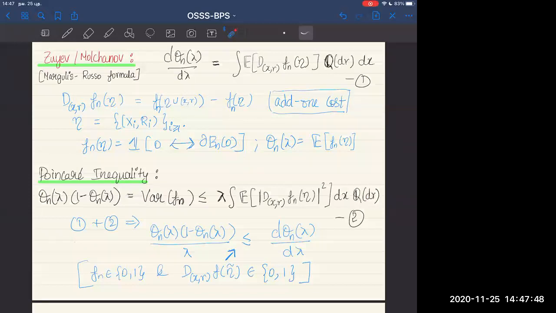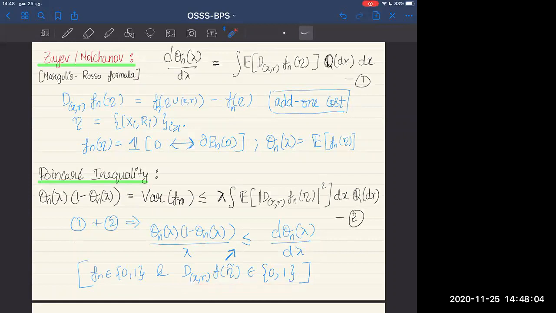But note that the square does not matter here because Fn is 0-1 valued. So the Malliavin derivative, the add-1 cost, also takes values in 0 and 1.